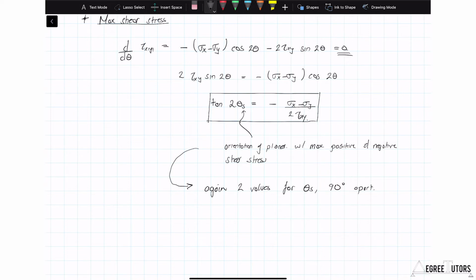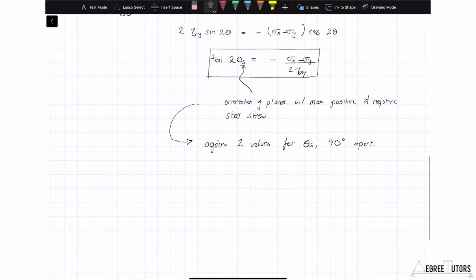apart. Now let's compare that. Now notice the subscript s in here. Compare that with our expression for the tan of 2 theta p for our principal planes that we saw in a previous lecture. Now we derived this in a previous lecture, so that's going to be 2 tau xy over sigma x minus sigma y.